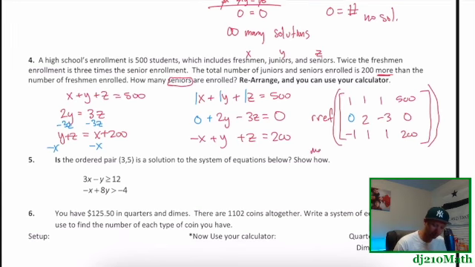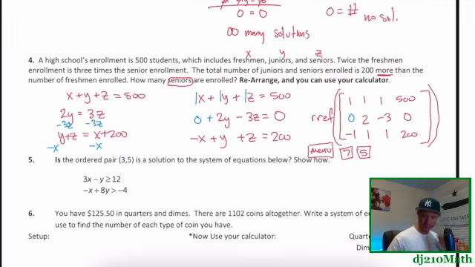Menu 7, 5, and then it'll prompt you. It'll ask you how many rows and columns. We want 3 rows, 4 columns. Right, X, Y, Z, and then the answer column, and then 3 rows. So let's go to the Inspire.